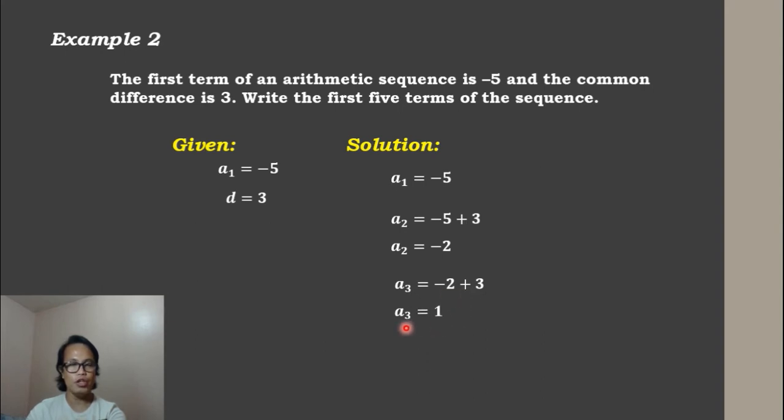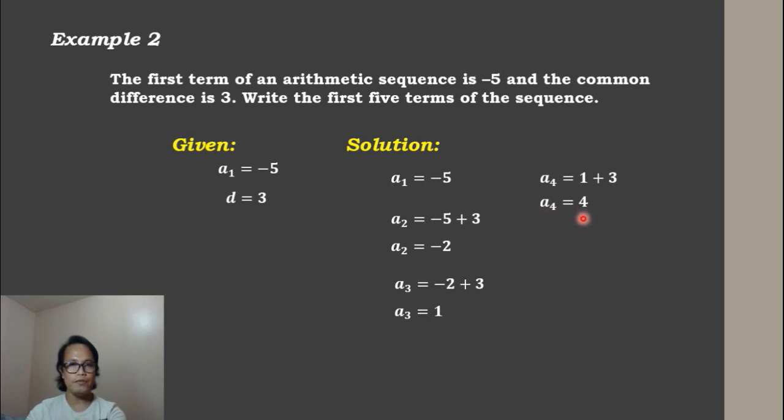So our third term, which is a sub 3, is equal to positive 1. Now, we already have the first term, second term, and the third term. We proceed to find the fourth term. So to find the fourth term, we just simply add the third term, which is 1, plus the common difference, which is 3. So 1 plus 3 is 4. Therefore, our fourth term, or a sub 4, is equal to 4.